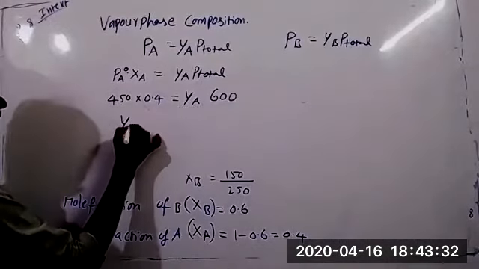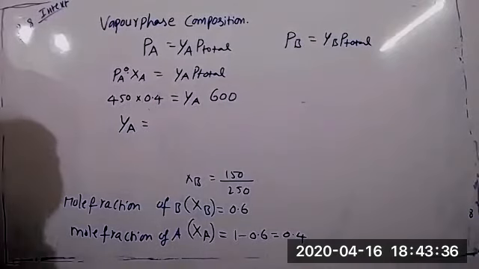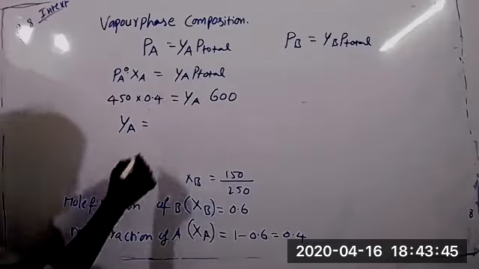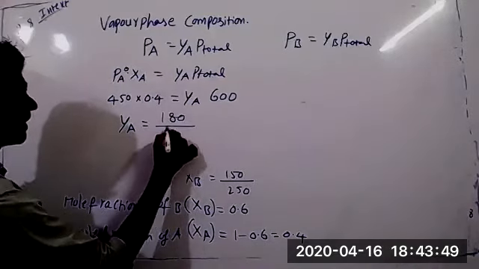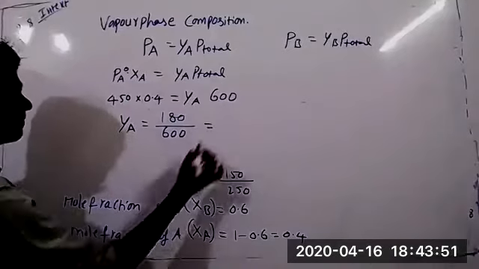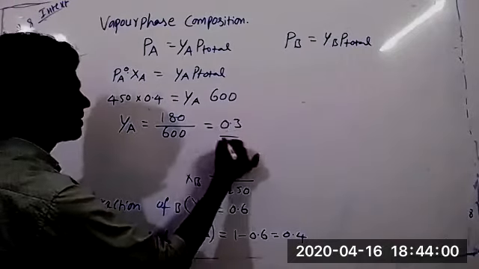From this, YA is equal to 450 into 0.4, that is 180, divided by 600. Three by 10, 0.3. Yes, 0.3. This is completed.